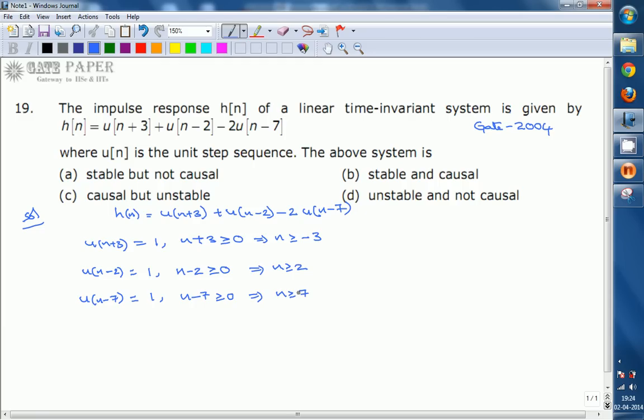So using this, we need to draw the plot for this h of n.